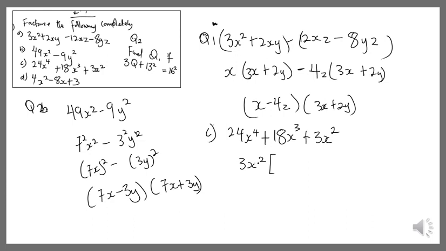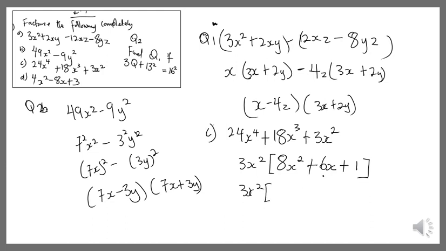What are you going to get? 3 times 8 is 24. So we have 8x squared plus 6x plus 1. So now you've seen that we've gotten a quadratic trinomial. So we have 3x squared outside the bracket, then our quadratic trinomial.